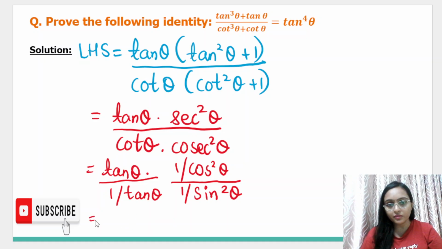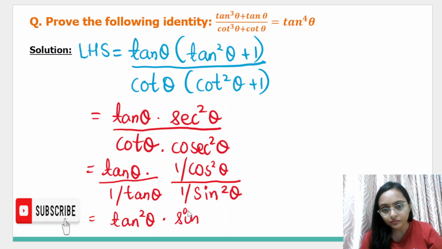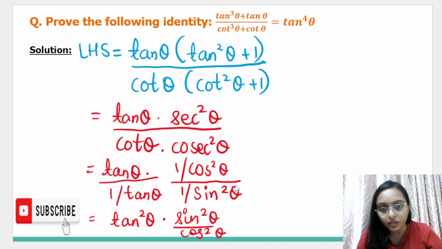So from this we will take tanθ multiplied with tanθ is tan²θ, and when you take the reciprocal of this, it is nothing but sin²θ upon cos²θ. Sin²θ upon cos²θ, we know that sinθ upon cosθ is tanθ.